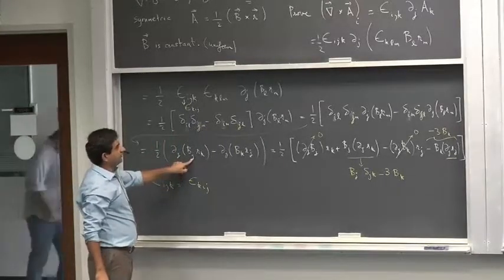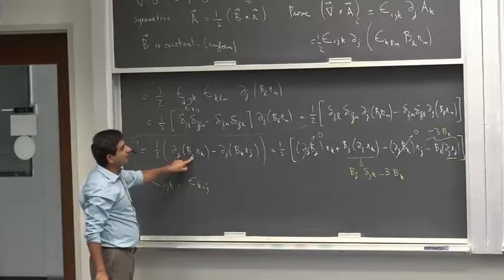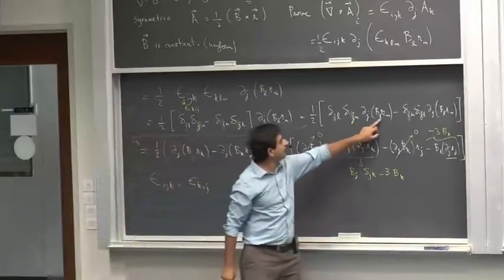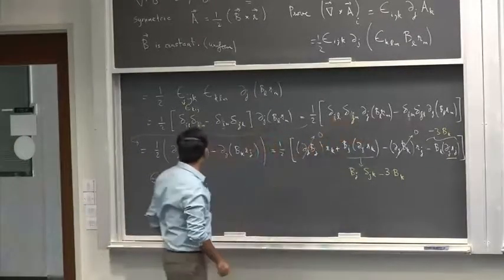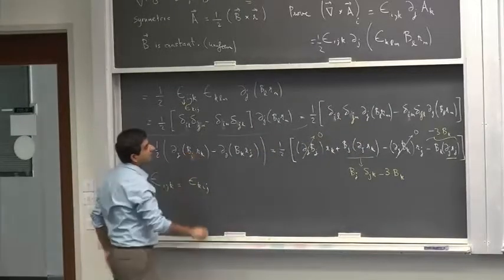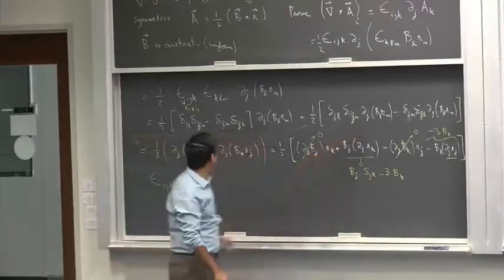Partial j: now l is equal to i, and m must equal j.